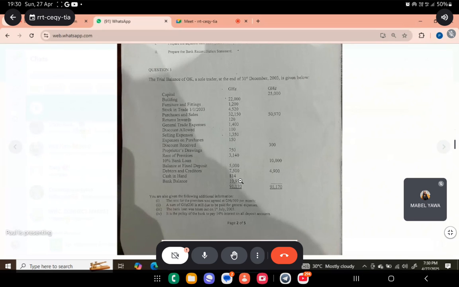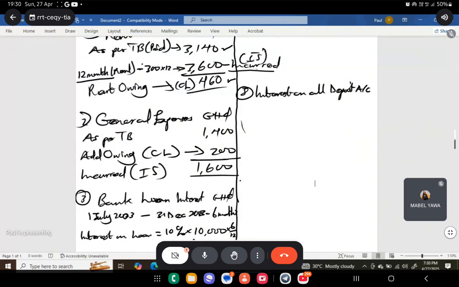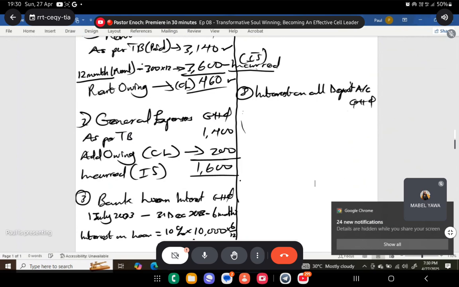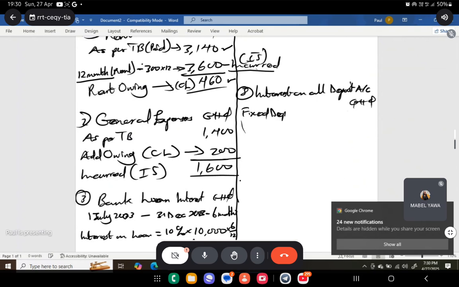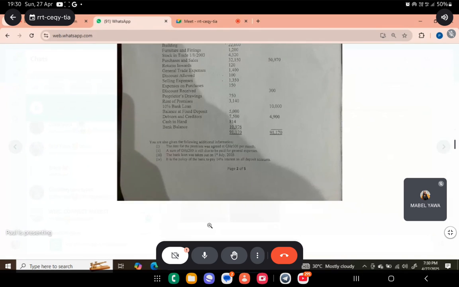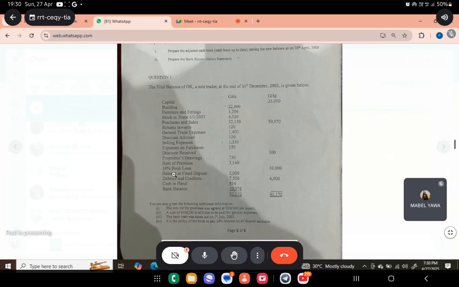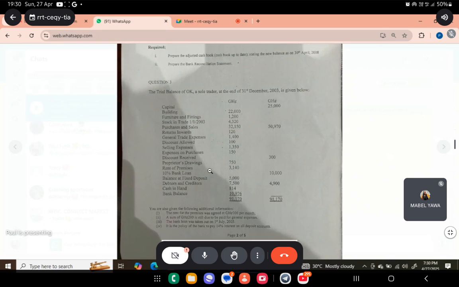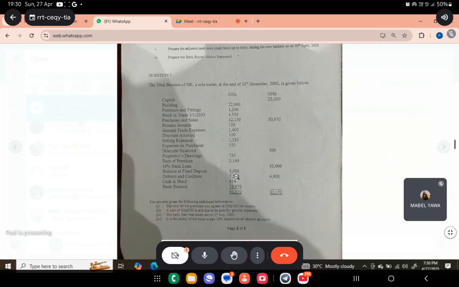So you go to the additional information, you see fixed deposit. Balance at fixed deposit was 5,000 from the debit, so which means it is an asset.